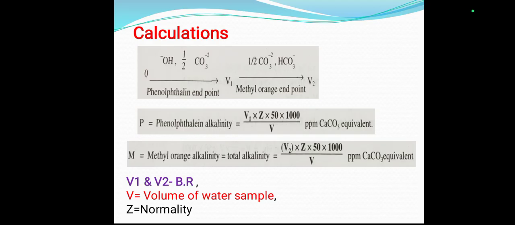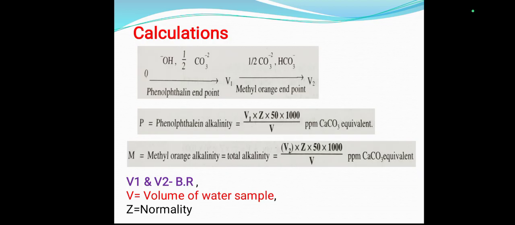Remaining things are the same in both cases. Z is the normality of acid, multiplied by 50, the equivalent weight of CaCO3, and 1000, the volume of solution, 1 liter, divided by V. V is the volume of the water sample.